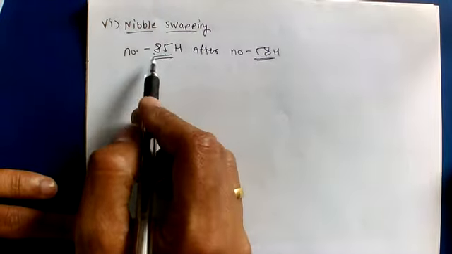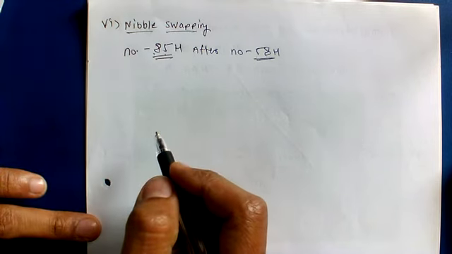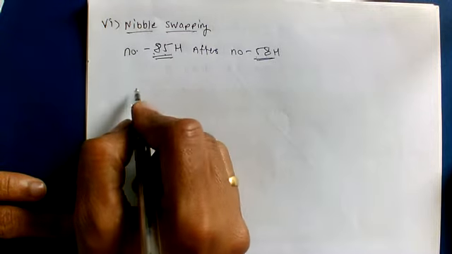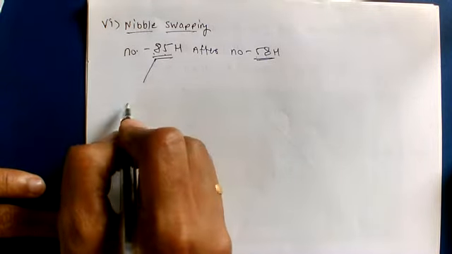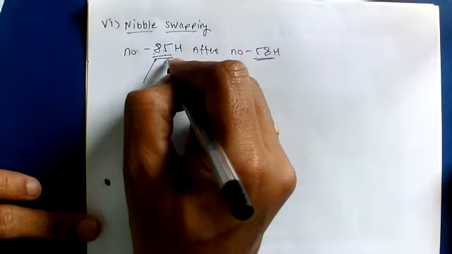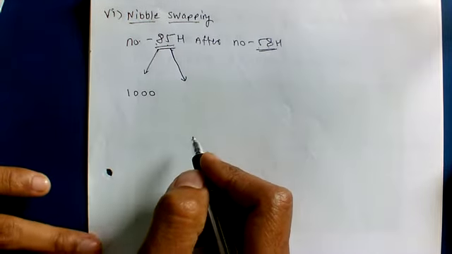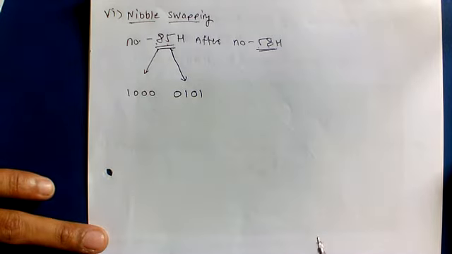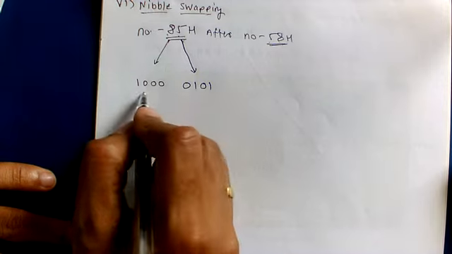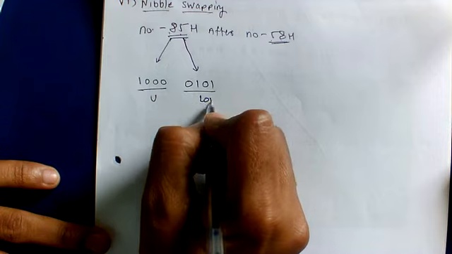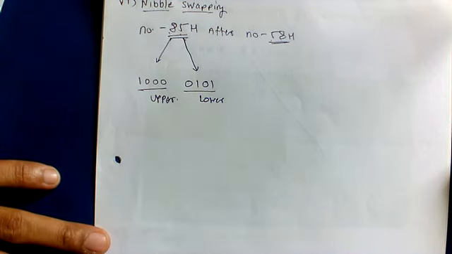The best way is I will write this 85 hex in binary format, then the picture gets cleared. So 1000 means 8, and this 5 is 0101 means 5. Okay, so this is your lower nibble and this is your upper nibble.